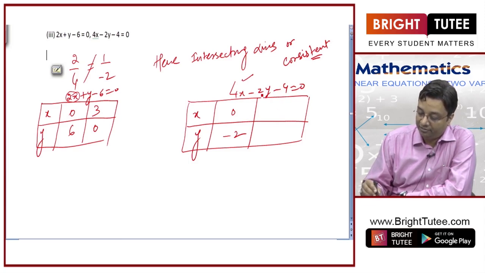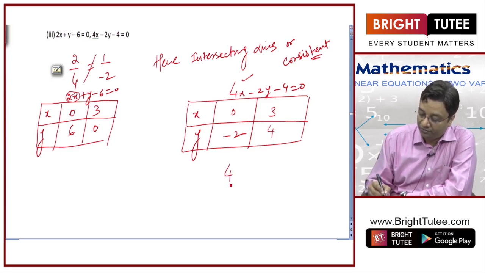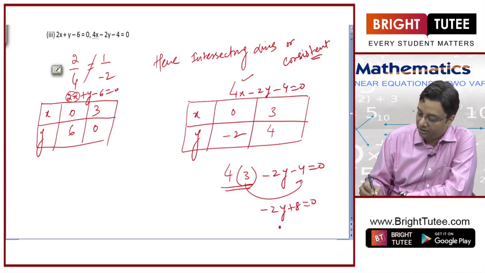So minus 8 by minus 2 will become 4. So if I put x equal to 3, y will be 4. Let me show you. 4, I put x equal to 3, minus 2y minus 4 equal to 0. So this is 12. 12 minus 4 is 8, minus 2y plus 8 equal to 0. So minus 2y will be equal to minus 8, hence y equal to 4.